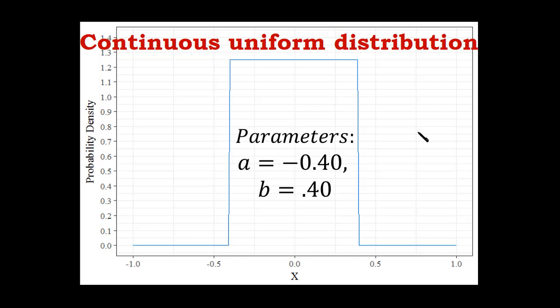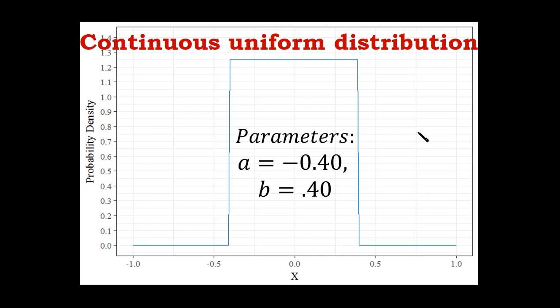Remember that probability density is probability mass divided by the length of the interval over which we have that probability mass. So here we've got the full interval from negative 0.4 to 0.4. What's the length of that interval? Well, it's 0.8. You've got 0.4 from negative 0.4 to 0 and 0.4 from 0 to 0.4, so altogether it's 0.8.